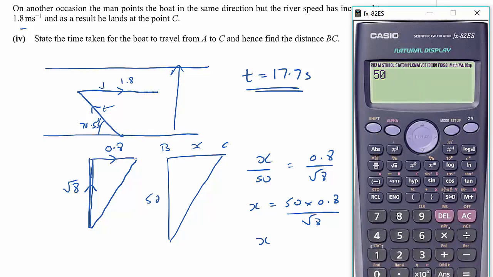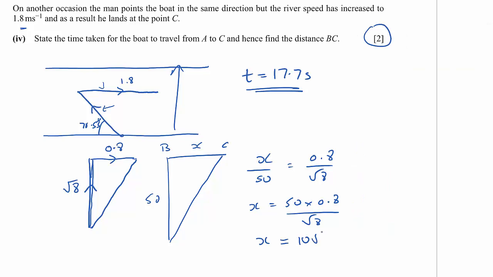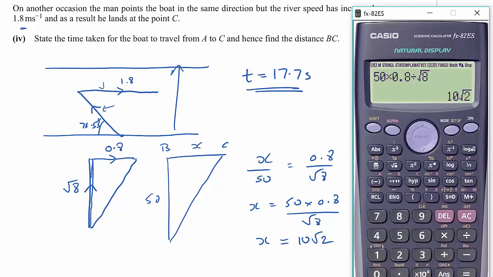So 50 multiplied by 0.8, and divide that result by the square root of 8. And that's 10 root 2. I might just give that as an exact answer. If we did give it as a calculator answer, it would be 14.14, say, 14.1.